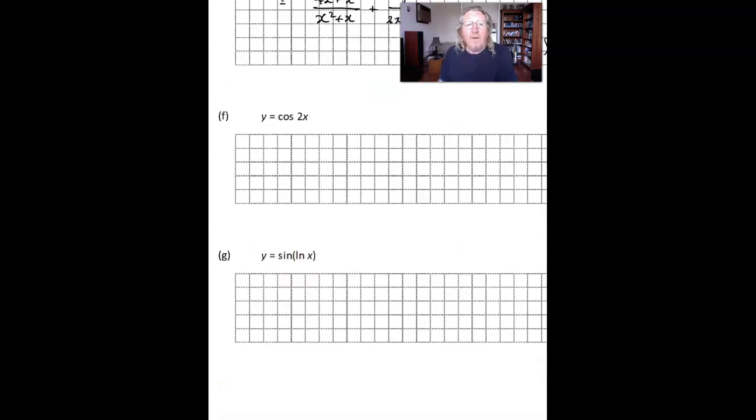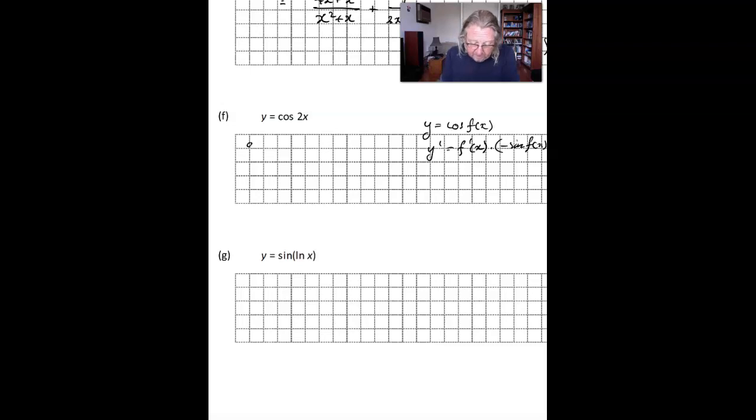Okay, on to part F. Now this is the chain rule here. We've got y equals cos f(x). Then we know that the derivative is f dash x times the derivative of cos f(x), which is going to be minus sine f(x).